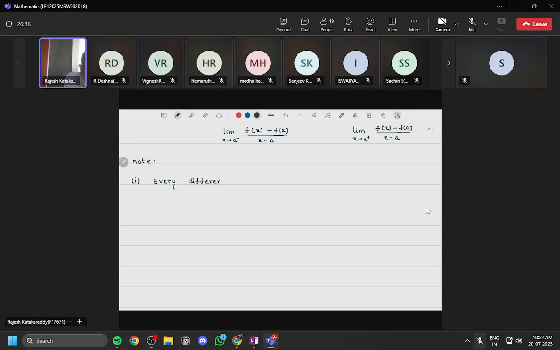Every differentiable function is continuous, but the converse is not true. Differentiable implies continuous. Continuous does not imply differentiable.